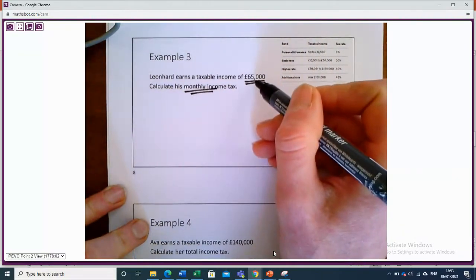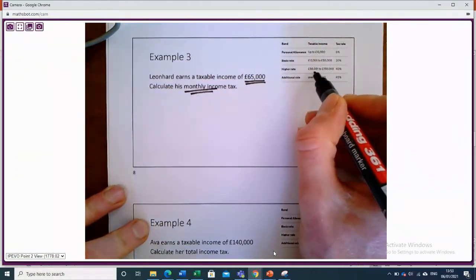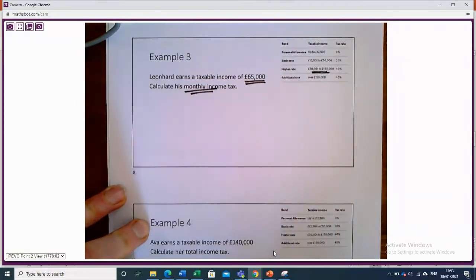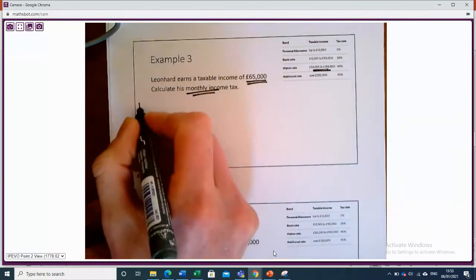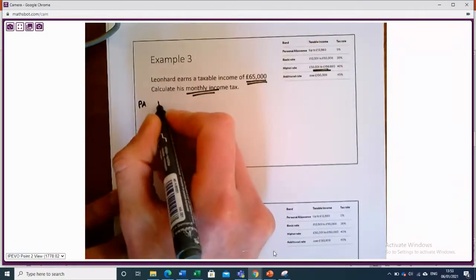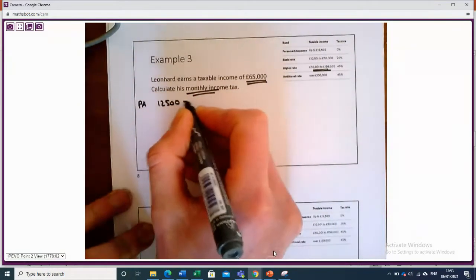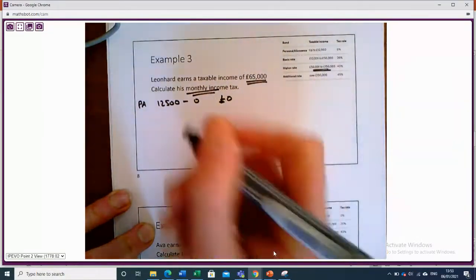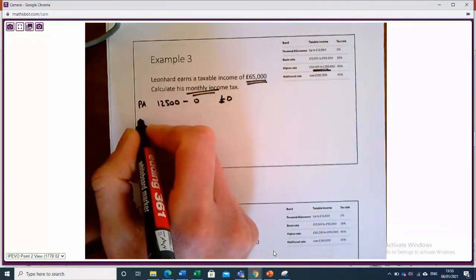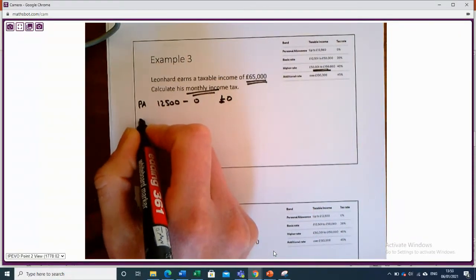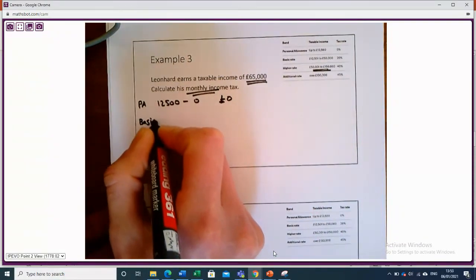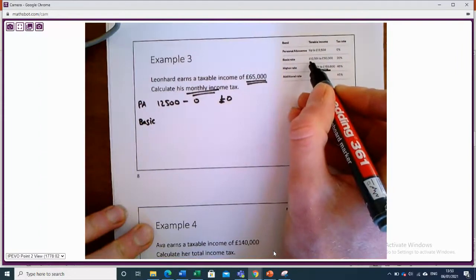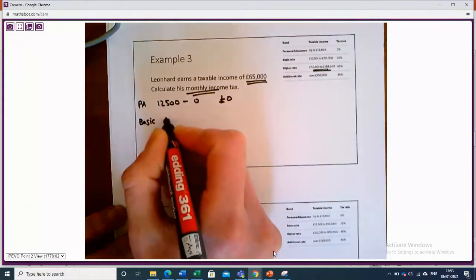Okay, so now £65,000 falls within the higher rate of tax. But Leonard still gets a personal allowance from 12,500 down to 0. So that would be 0%, £0. He will pay basic rate of tax between 12,500 and 50,000.